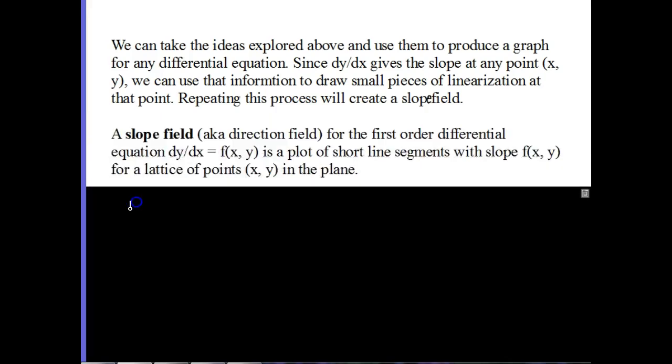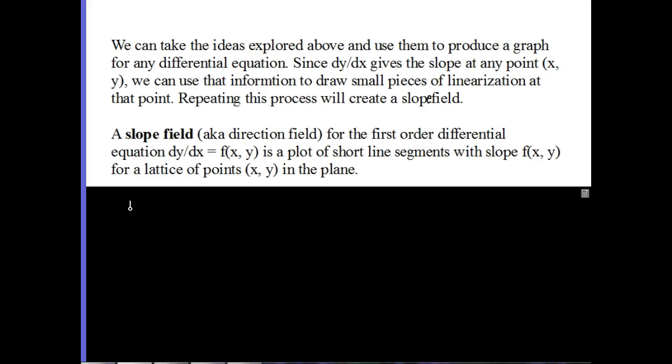So a slope field is, for the first order differential equation dy/dx, a plot of short line segments with slopes f(x, y) for a lattice of points (x, y) on the plane. Horribly long, crazy definition. All it basically means is that you are going to pick a point (x, y). In the previous example, you could have looked at the point (0, 1).